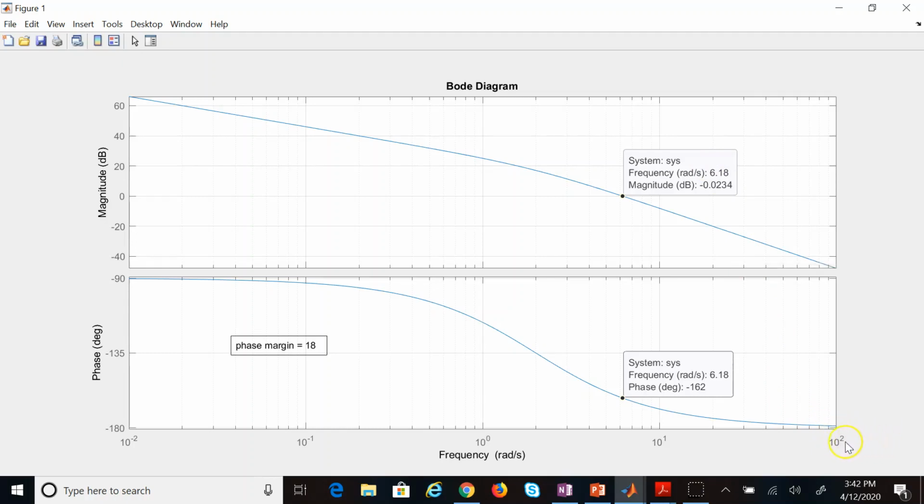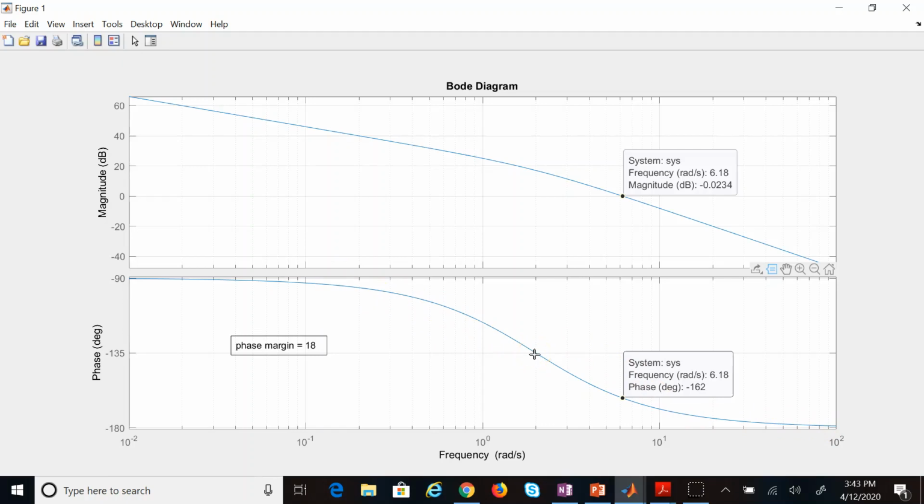Even if you draw this, here is 100 radians per second, but even if you draw this to 1,000 or 10,000, this phase will ultimately converge to negative 180 when omega is going to infinity. Nowhere else you have omega of negative 180.